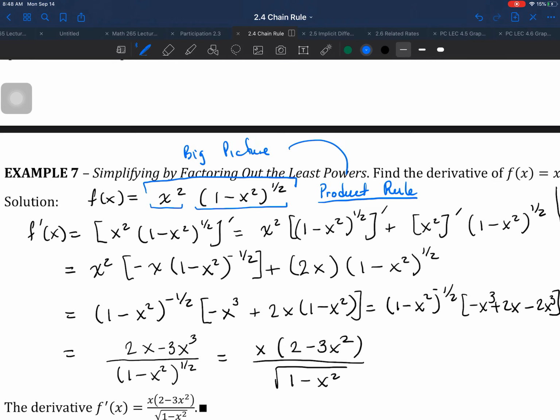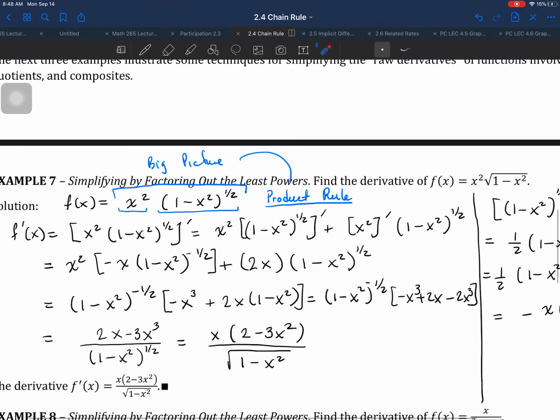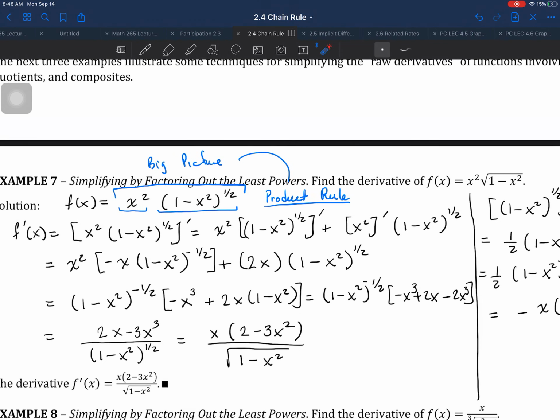Now along the way, because we're using product rule, we know that we have to take the derivative of one of the factors. Yes, along the way we're going to have to take the derivative of this, which suggests that we have to use chain rule in some place. Also, you'll notice that I automatically changed the square root into a power form.